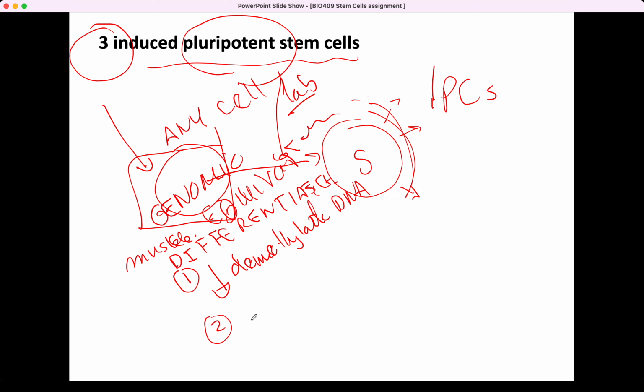And then the second thing is go through start. Go through the G1 to S transition, re-enter the cell cycle, because that's a feature of muscle. They're not going to divide. Can you take a brain cell and turn it into an induced pluripotent stem cell? Yes. Demethylate lots of genes and get it to start to proliferate again, okay?